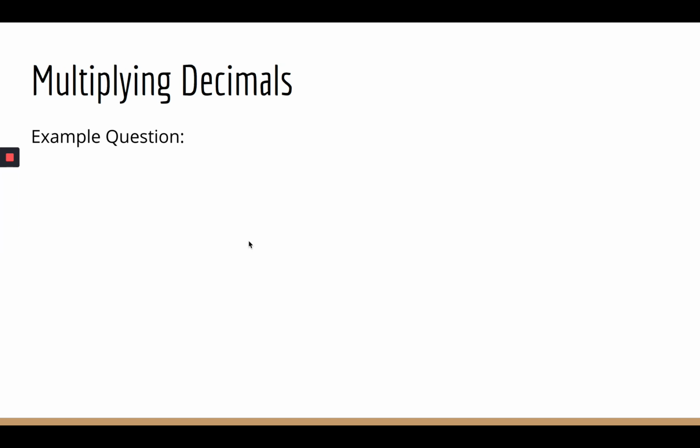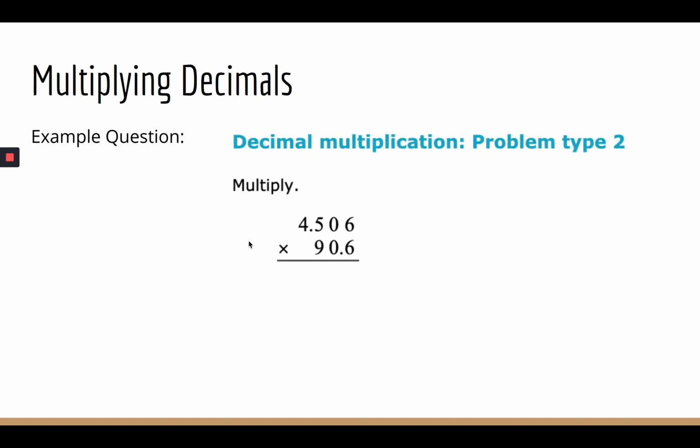All right, we got multiplying decimals up next. And on this one, you do not need to line up by decimals. Hopefully you got that by now. We've been working on this for a couple weeks.